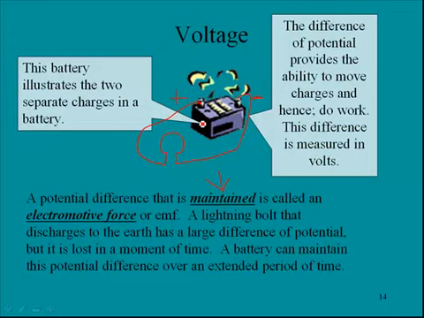And we'll have light for an extended period of time. The battery will probably last for a few hours, and we'll have some light. And this is an extended period of time, so this battery is providing EMF. Now, in contrast, a lightning bolt has tremendous voltage, but it is all lost in a moment of time, and so that lightning bolt provides no EMF.